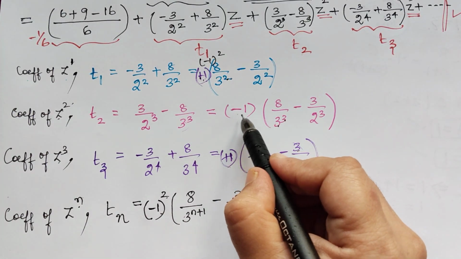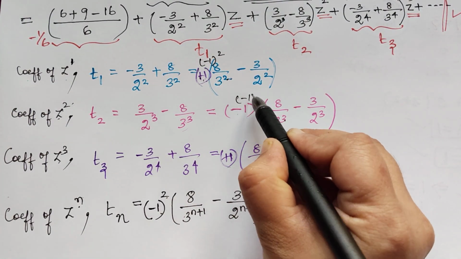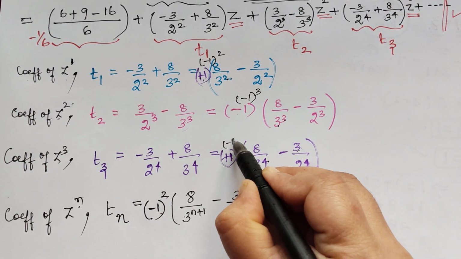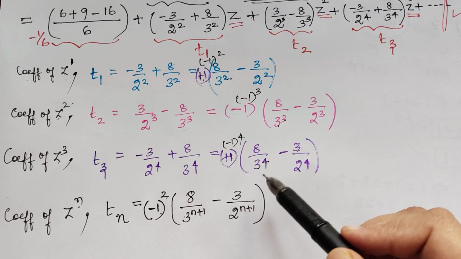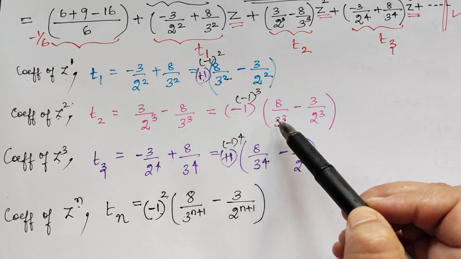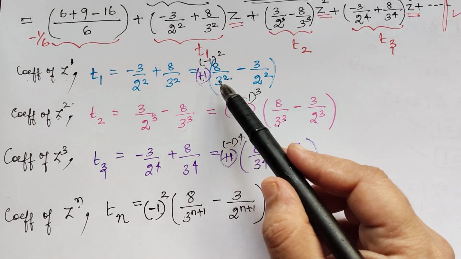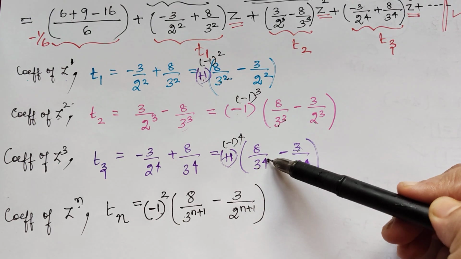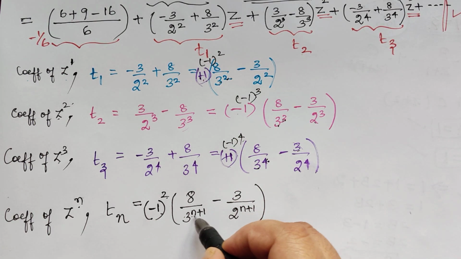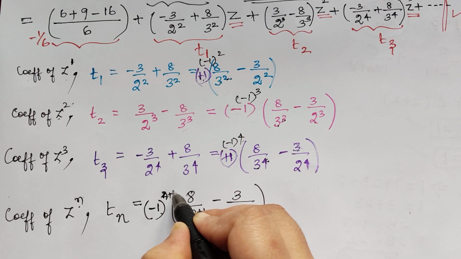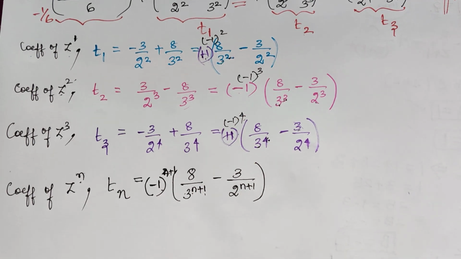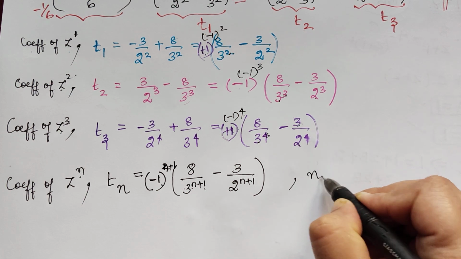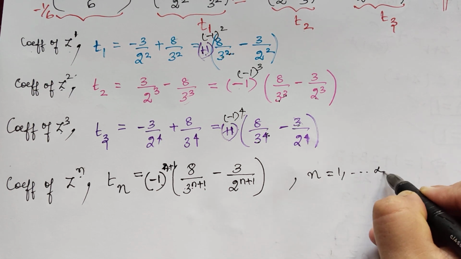Here we want minus 1, so minus 1 power 3. And here we want plus 1, so minus 1 power 4. So it goes on like that. I want to match it with the powers of the denominator. So if it is 2, here also 2; 3, here also 3; 4, here also 4. So this becomes n plus 1. So this is how we have to generalize the terms. And the value of n ranges from 1 to infinity.